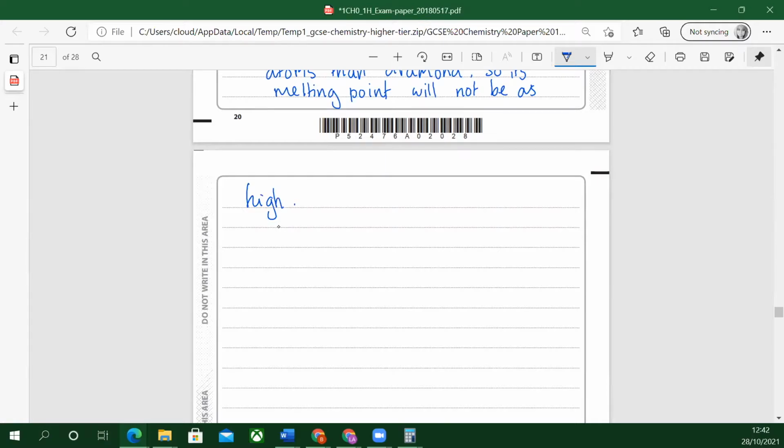So in fullerene, there are only free electrons, ones that are free to move across the surface.